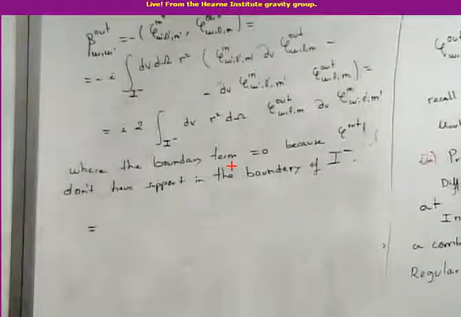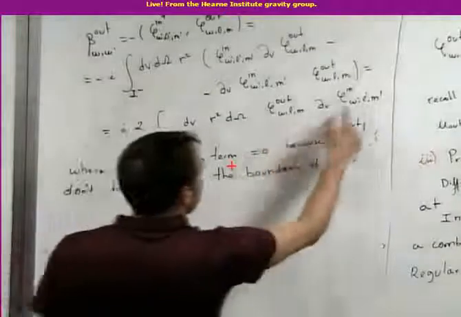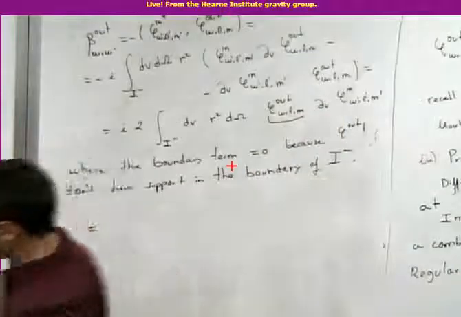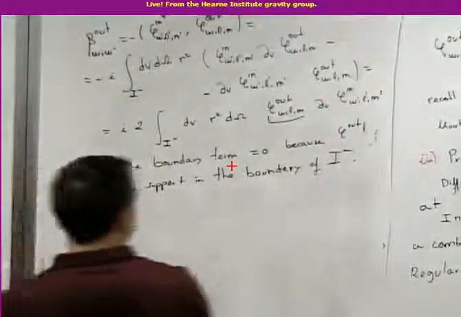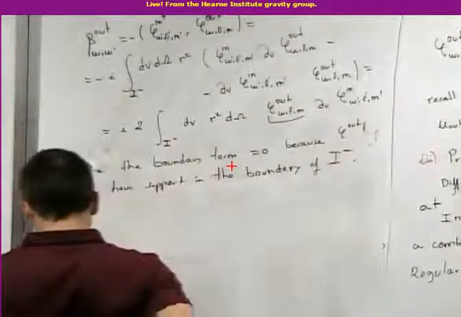I just wanted to give you this expression, and now just plug here the out modes that we have here, these modes with the coefficients 1 over 4 pi omega, the spherical harmonics, and the same for the in modes, which are even simpler.